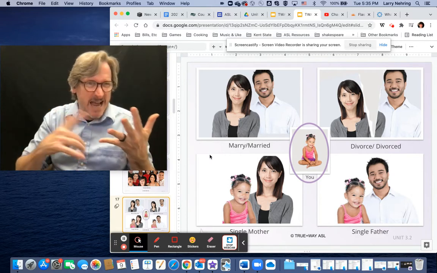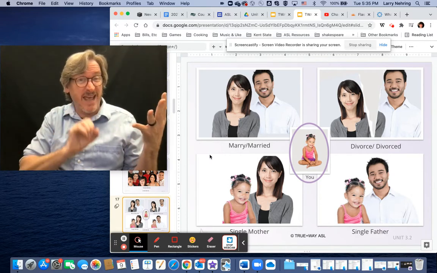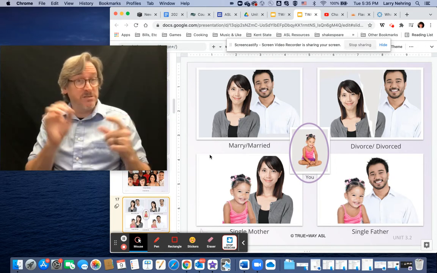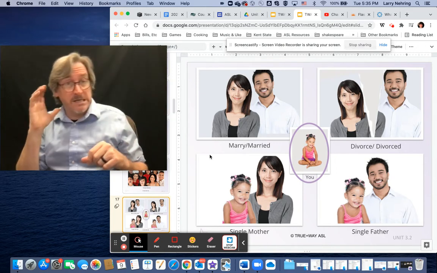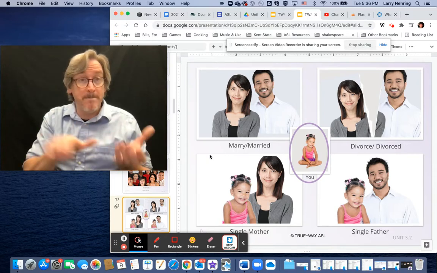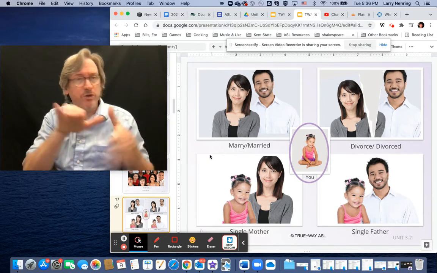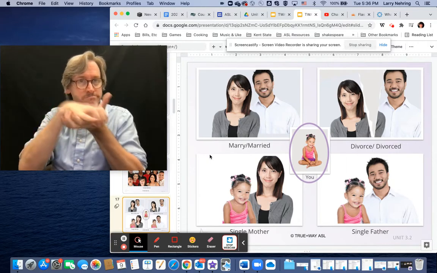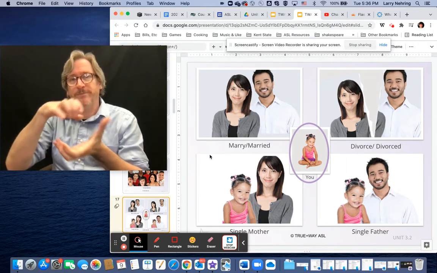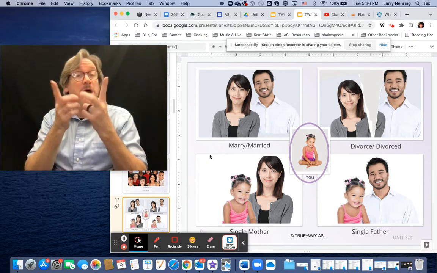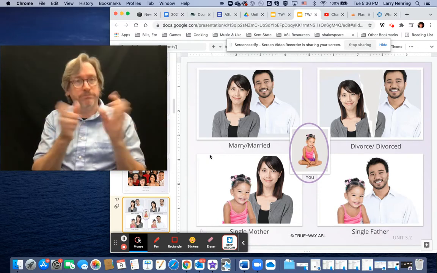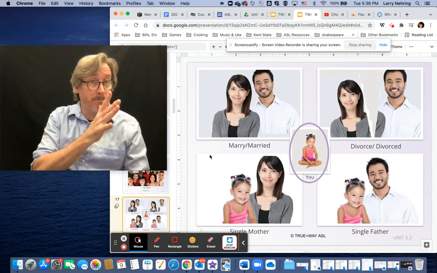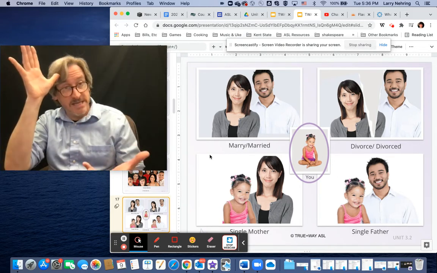Ages, even if it's not exact, just approximate ages. Age. We'll talk about age in a second. Relationships, aunt, uncle, cousins. Married. You don't want to sign wedding. Married. It's monkey hands, right? Married or divorced, separated, single.